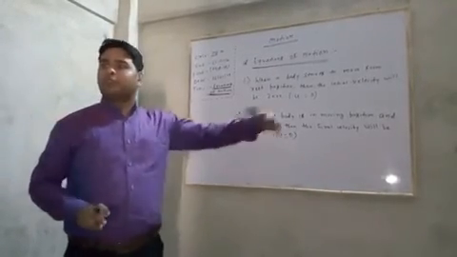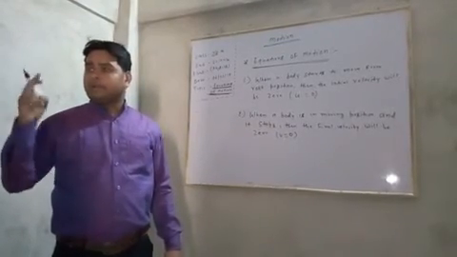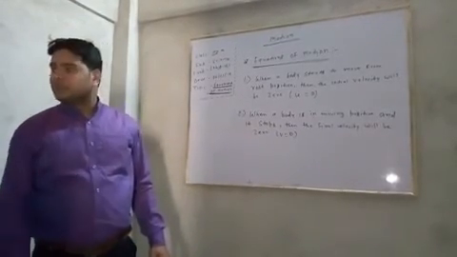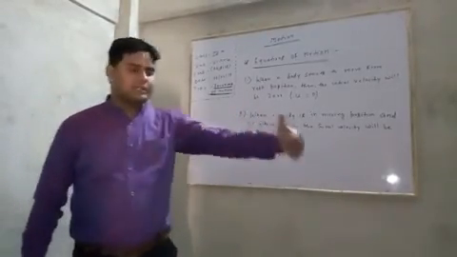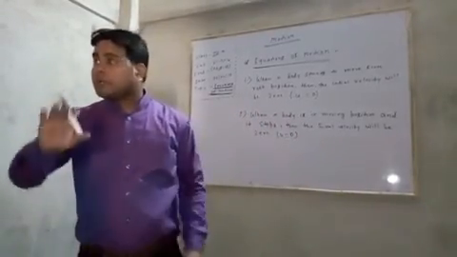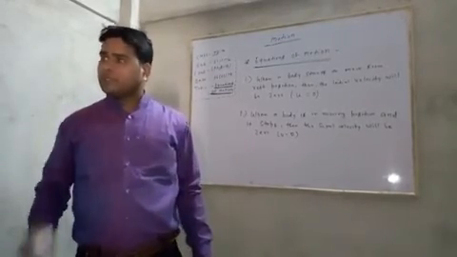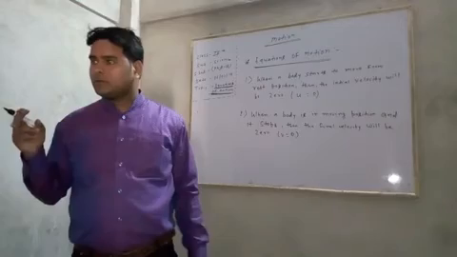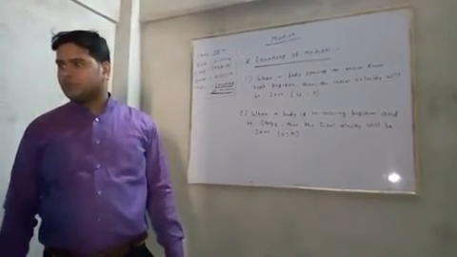Then you have to keep it in mind that we have to take u is equal to 0. It will be given in the question that when a body is moving and it comes to rest, there it will not be given that the final velocity becomes 0. You have to keep in mind that we have to take v is equal to 0.